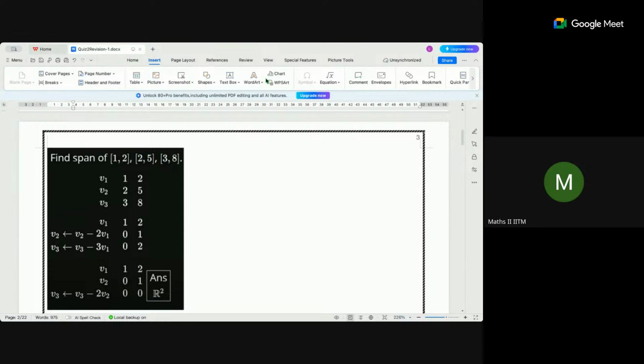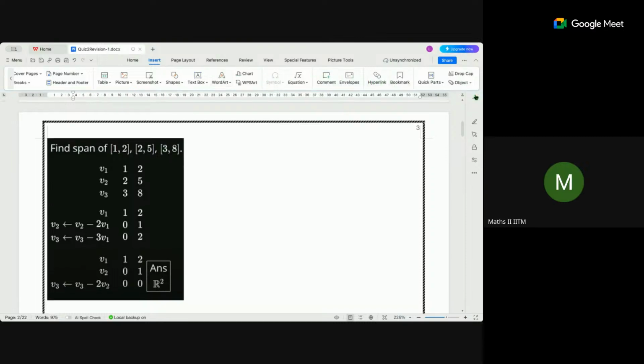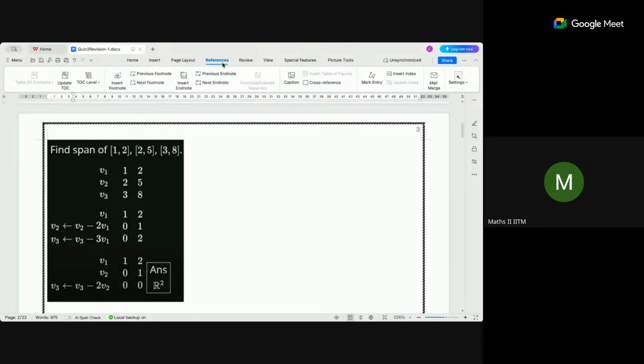Hold on. I am not able to find the pen option. It is usually in the insert.